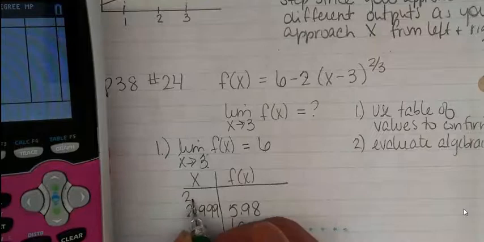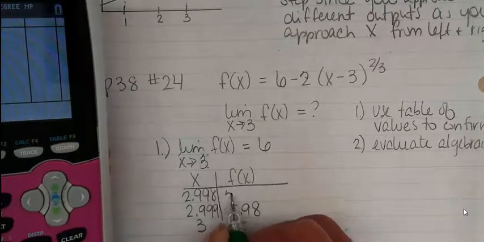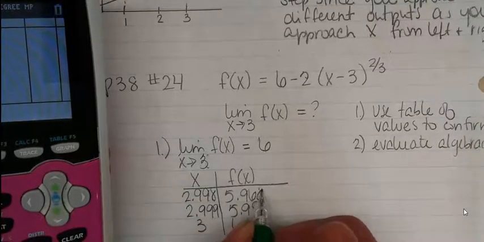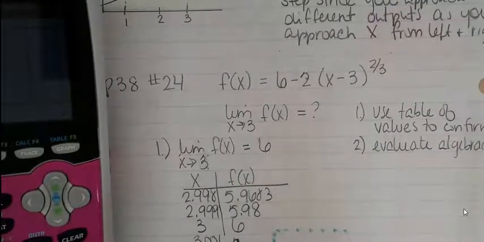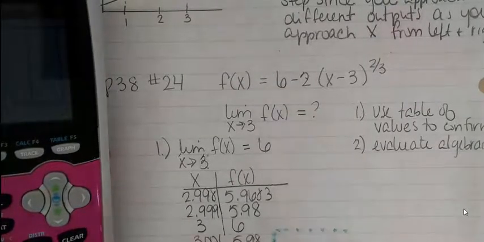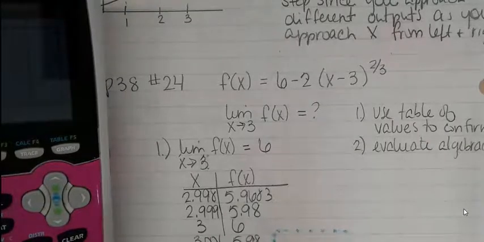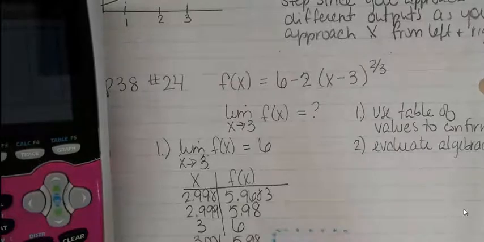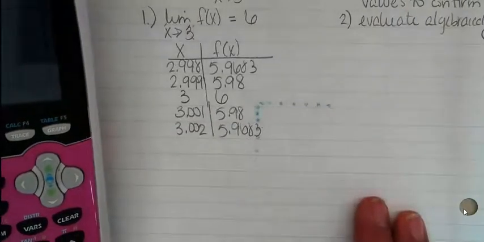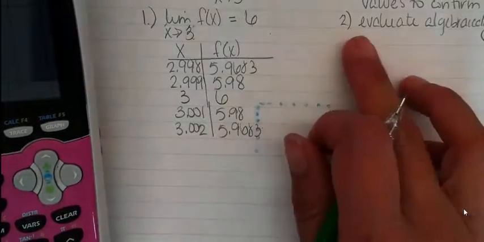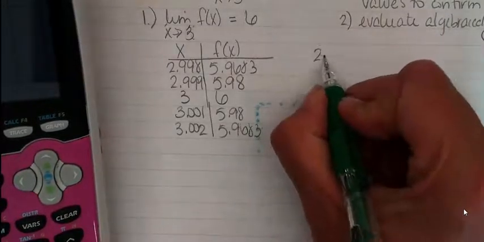And at 2.998, I had 5.9683. And at 3.001, again, I was at 5.98. And at 3.002, I was at 5.9683. This one happens to be symmetrical. Okay, wonderful. So now let's try and answer it the second way.